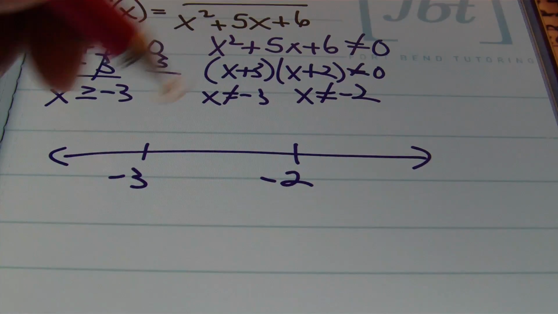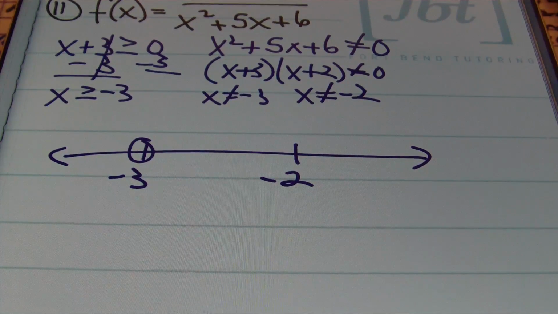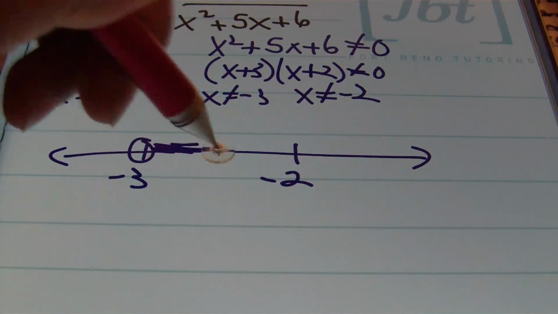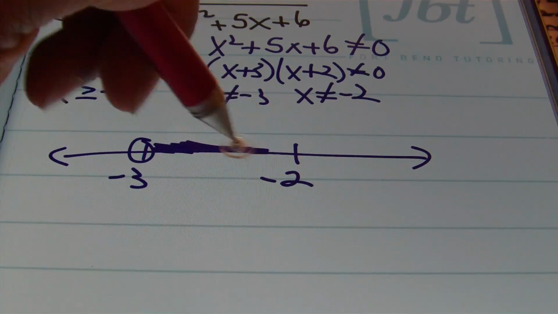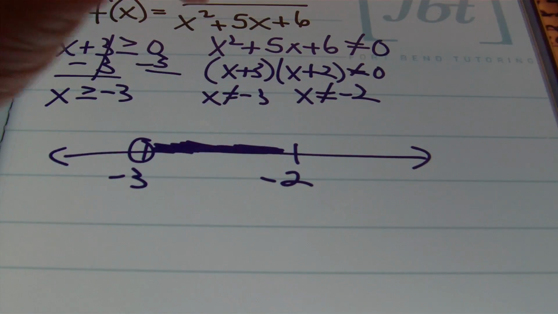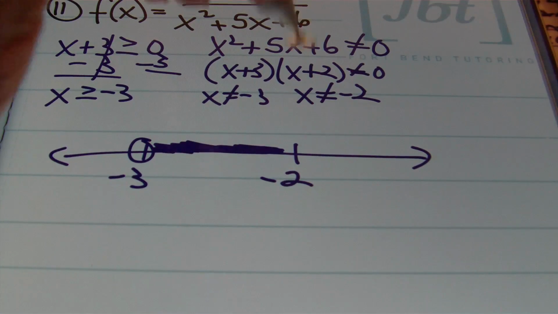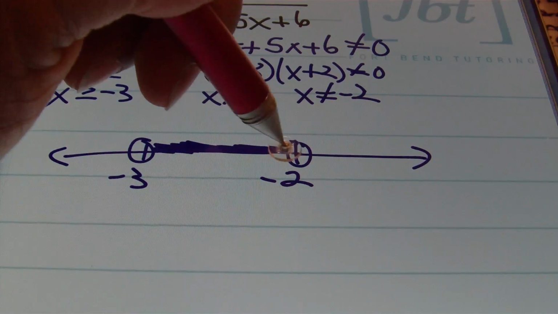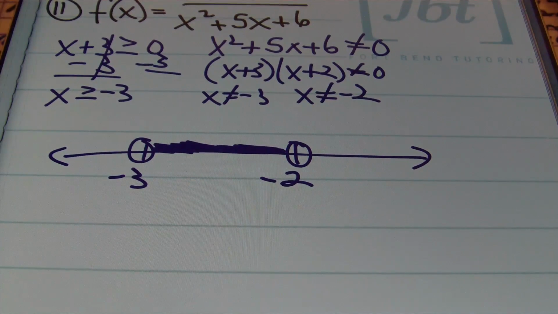So that means we'll have an open circle at negative 3, but according to our inequality, things can be greater than negative 3 as well. As we approach negative 2, we find that x cannot equal negative 2 also. So that'll be an open circle at negative 2. We have to avoid negative 2 as well, because that will create a 0 in the denominator.